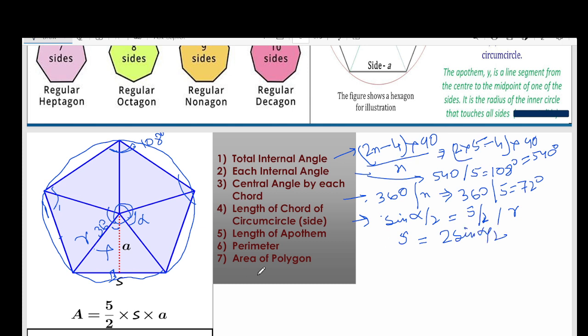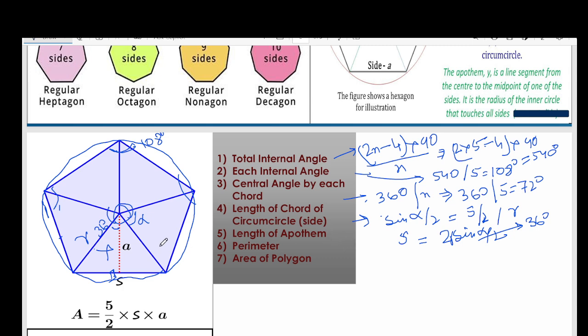So you can calculate the chord from this formula, 2R sine alpha by 2. Alpha by 2 you already got from this, 36 degree. So in this case, 2R sine 36 degree will be your value of S.